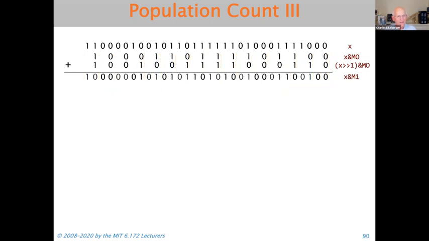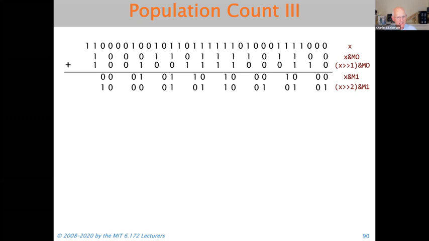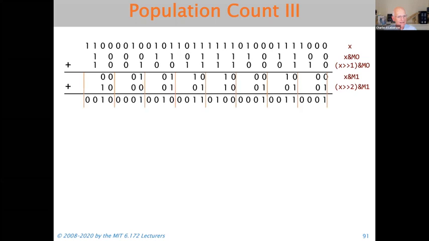Now we go to the next one. We mask and shift and now we add those 2 together. What we get, this number, is just the bit representation where every 4 bits says what's the pop count of those 4 bits.